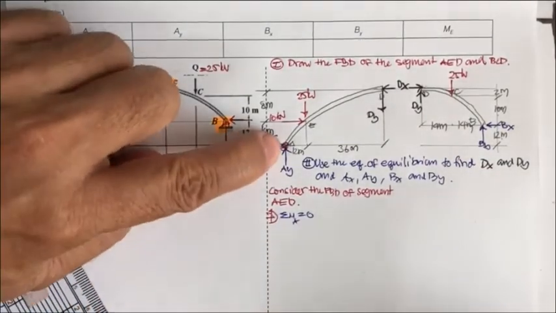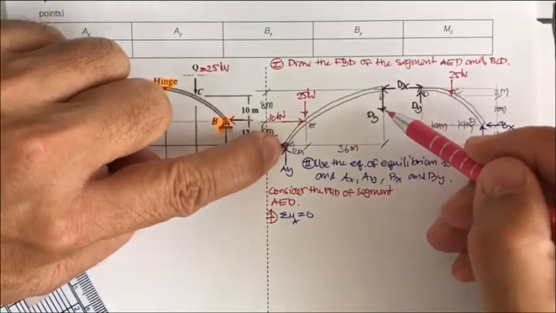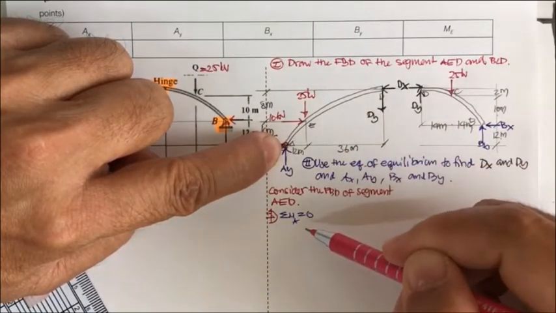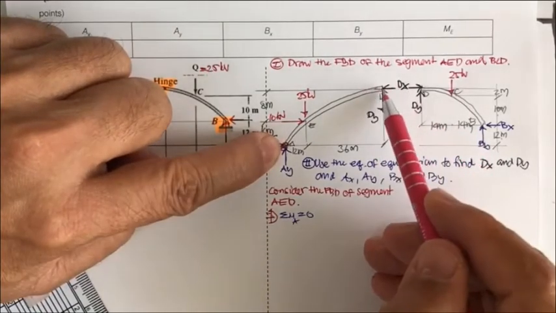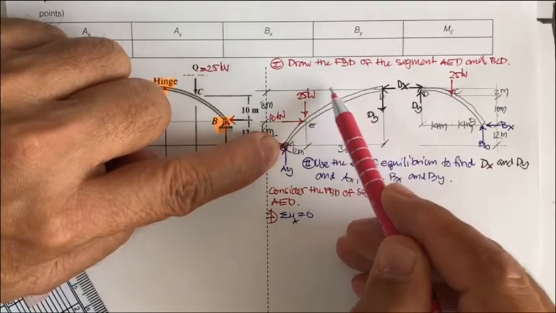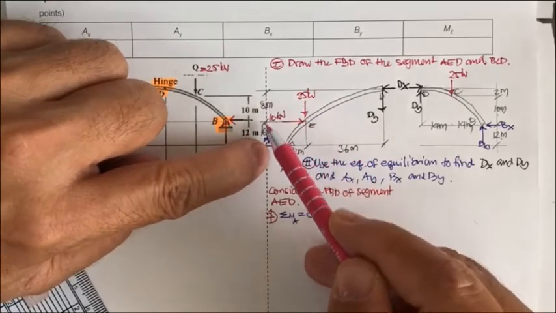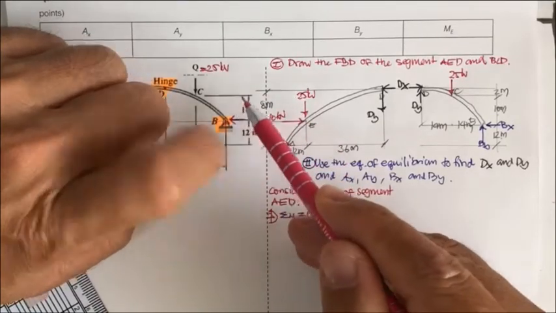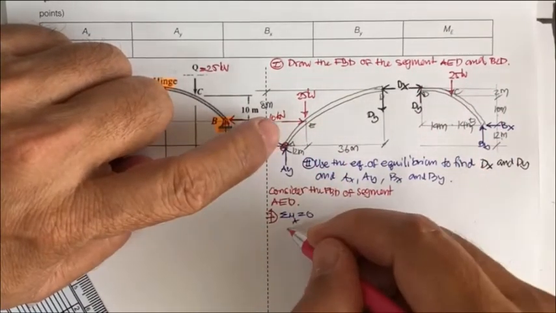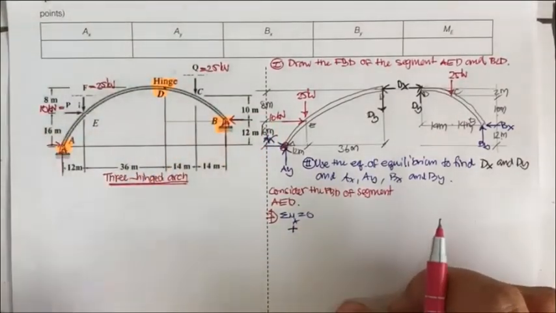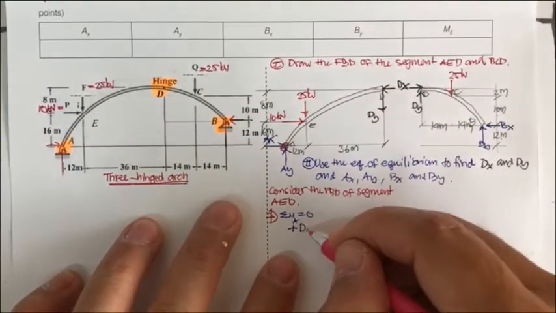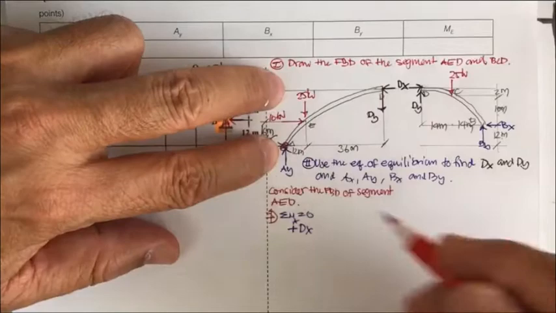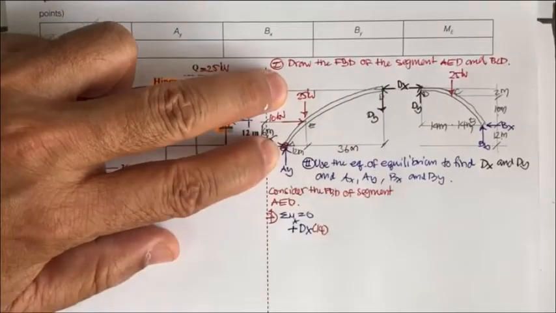So take moment here. You got D sub y times 48, and clockwise that is negative. D sub x is going to have a line of action here, and the moment arm between this and this is 14, and it's going to rotate counterclockwise, so it's going to be plus D sub x times 14.